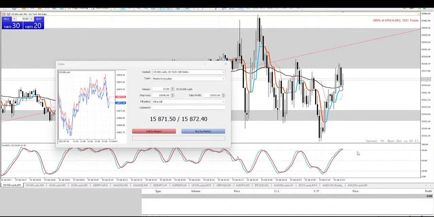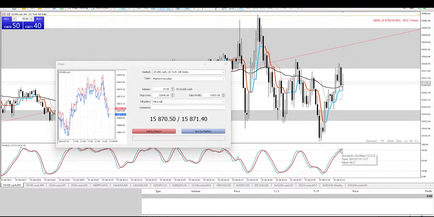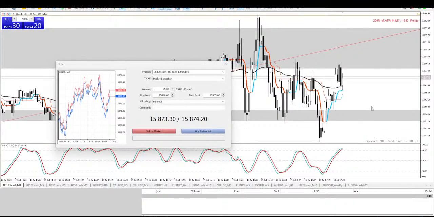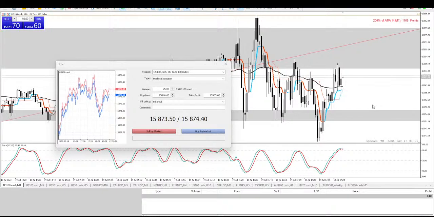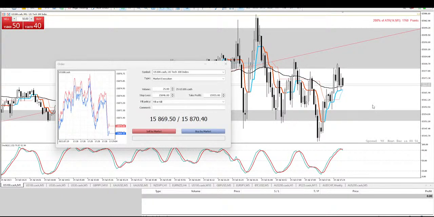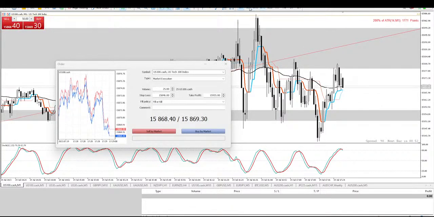There's the 1 minute stochastic move. Maybe we'll wait for it this time. Let's see. But price is just so nasty right now, man.